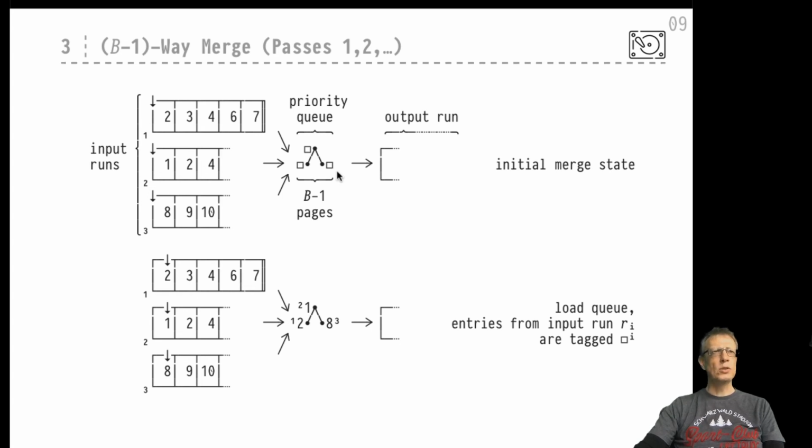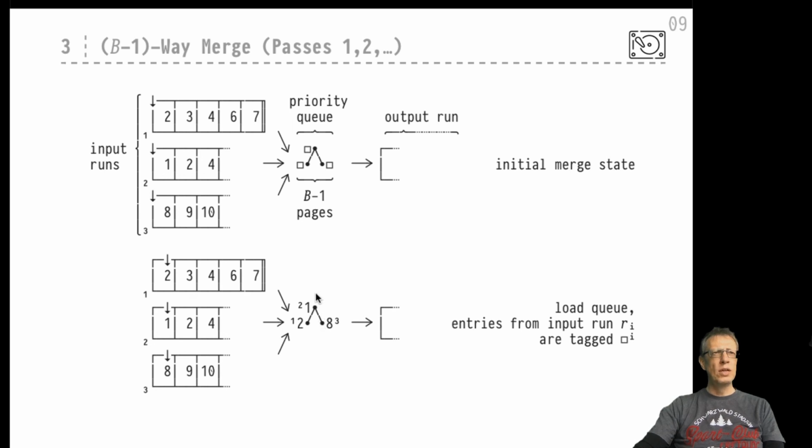So let's do that. Let's move these read pointers that we maintain for each of the input runs forward one step and indeed read the minimal element in each of these input runs. Okay, so the 2, the 1 and the 8 will be placed in the queue here. They have been placed in this priority queue according to the ordering criterion.